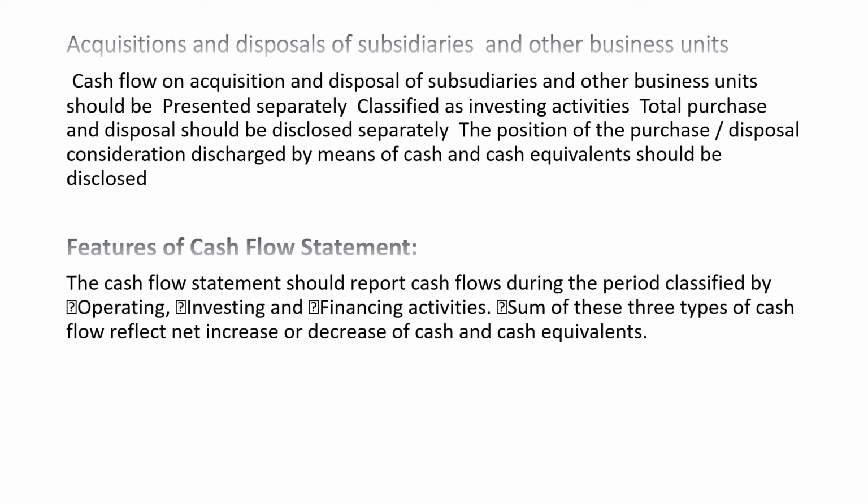Cash flow on acquisition and disposal of subsidiaries and other business units should be presented separately and classified as investing activities. Total purchase and disposal should be disclosed separately. The portion of the purchase or disposal consideration discharged by means of cash or cash equivalents should be disclosed.